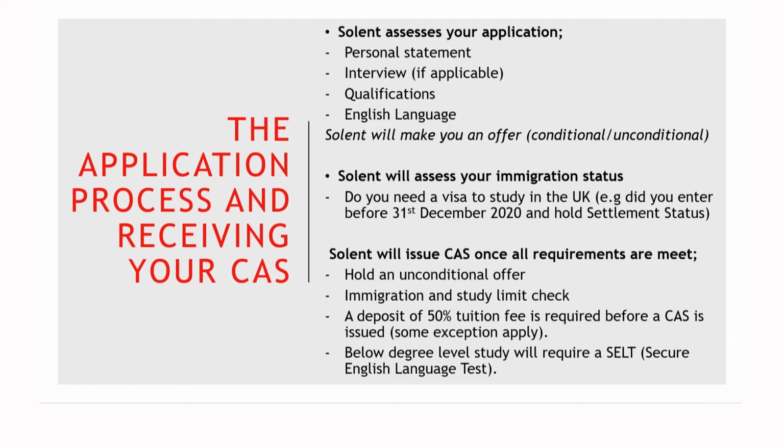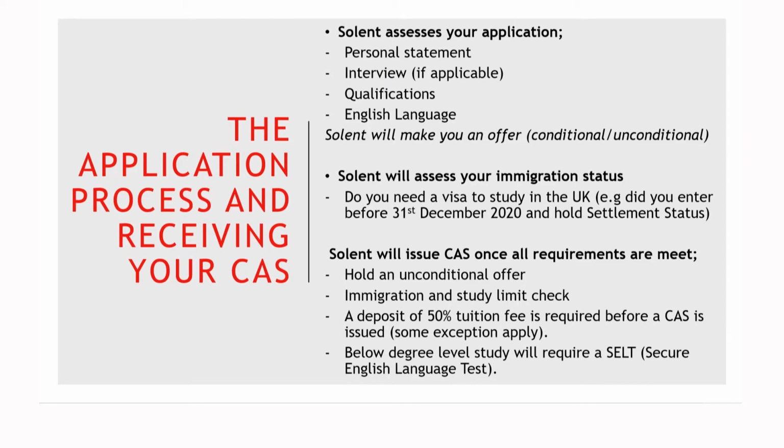And the most common Secure English Language Test is an IELTS certificate. That IELTS certificate would need to be taken at a secure test centre as approved by the Home Office. And if you do require that SELT, more information will be sent out to you when an offer is made, and that condition will also be attached to your offer.